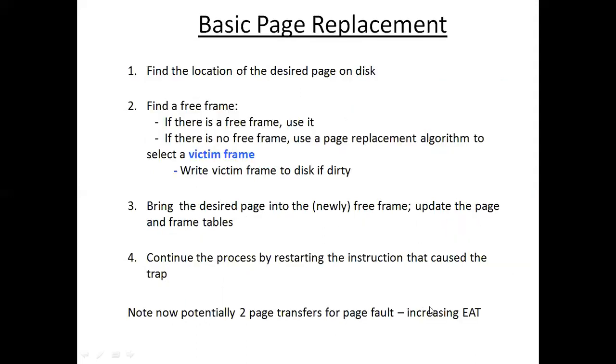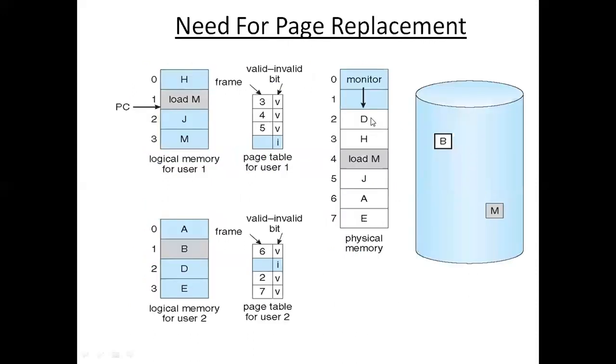So how can you avoid it? Potentially 2 page transfers occur for a page fault, and that increases the effective access time, the time where you want to access the memory. It is increased because you're finding the victim and putting it into the disk, and finding the required page and putting it onto the physical memory.